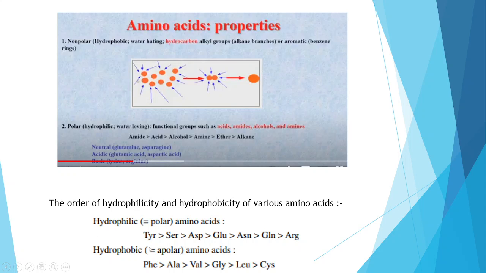Hydrophilic or polar amino acids are, tyrosine is most polar according to this source, then serine, then aspartic acid, glutamic acid, asparagine, glutamine and arginine.